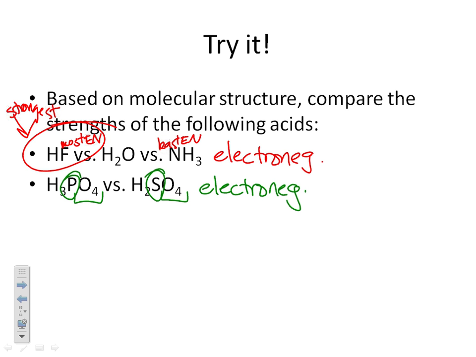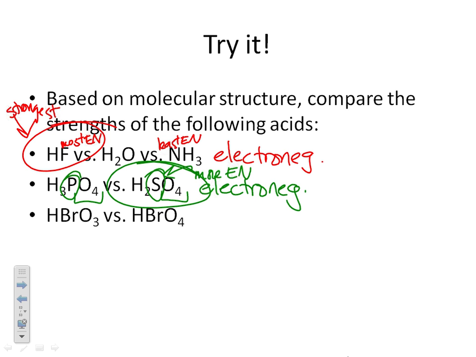And if we look on the periodic table, sulfur is more electronegative than phosphorus based on its position. This means that in H2SO4 you're creating a very strong electronegative pull of electrons away from the hydrogens, which will turn your hydrogens more into H+, making it easier for the bond to break, making it a stronger acid.